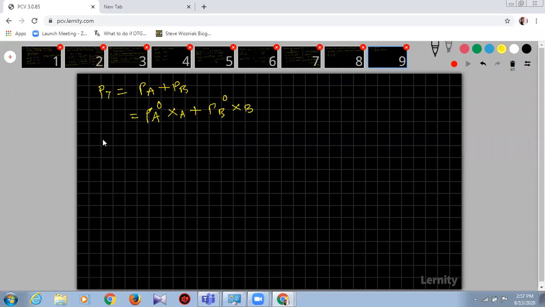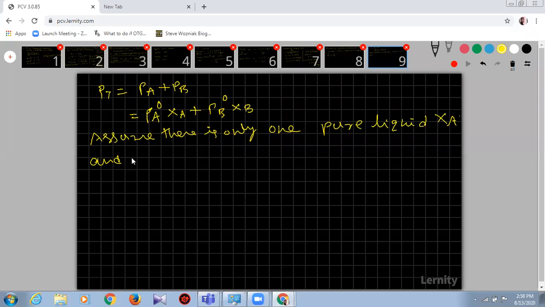Now assume there is only one pure liquid, liquid A. In the problem some data was given: P total is equal to 254 minus 119 XA.